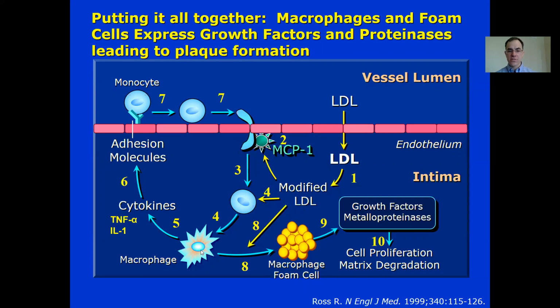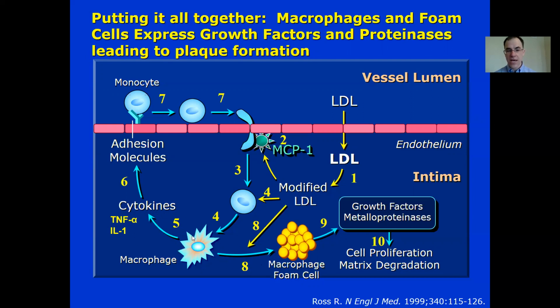It's important to know that there might be some macrophages that start producing cytokines, and other macrophages that start taking up the modified LDL to become foam cells. So just keep in mind that some macrophages may do one or the other, or they may start out producing cytokines and then eventually take up modified LDL to form foam cells.